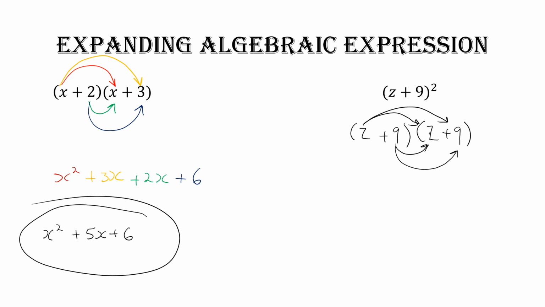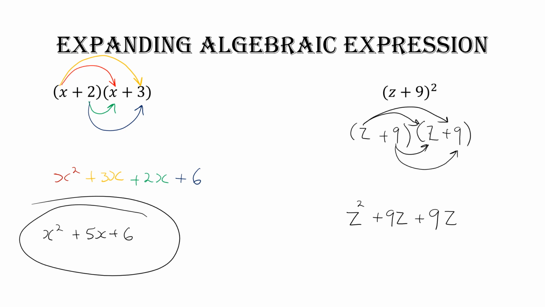And if I do that, I see here that z by z will be z squared. Let me make all my z's the same. So that will be z squared. Then z by 9, that will be 9z. Then the next 9 by z, that will be 9z.